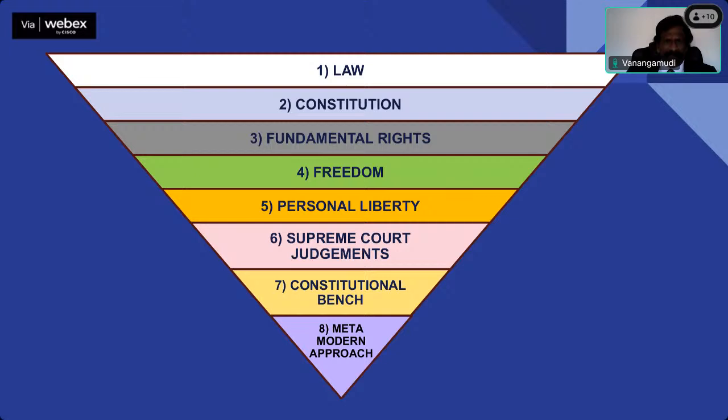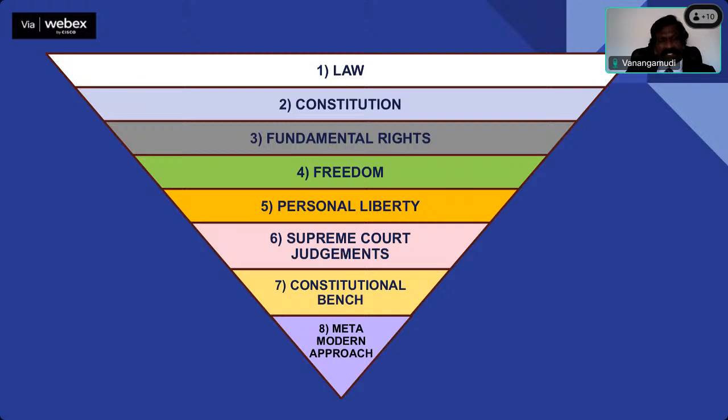From 1950 to 1975, 25 years, is broadly called the modern period. From 1976 to 2000, another 25 years, is the post-modern period. From 2001 till date, whether 23 or 24, is the meta-modern period.